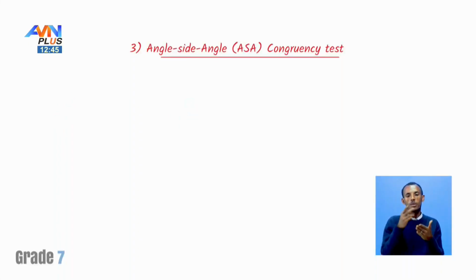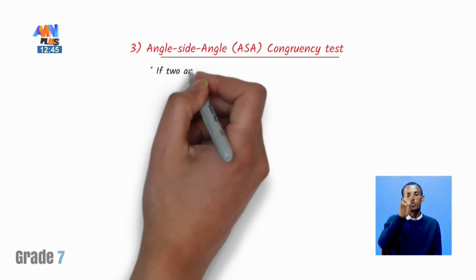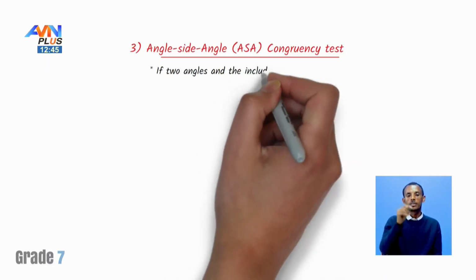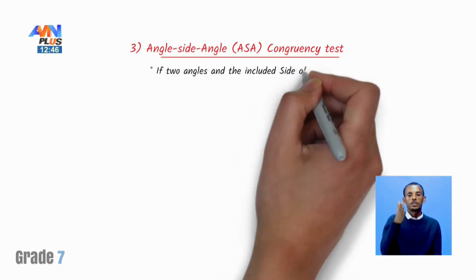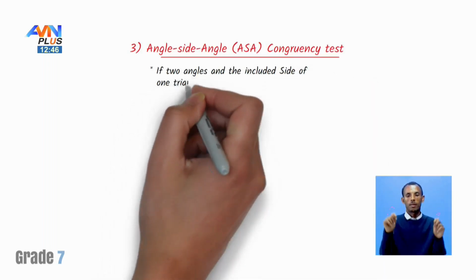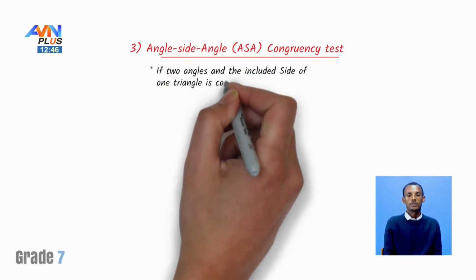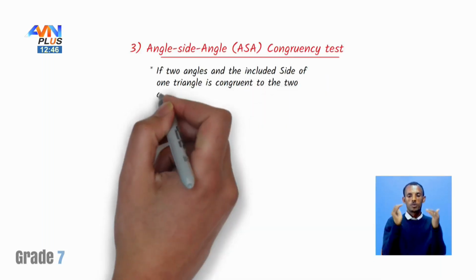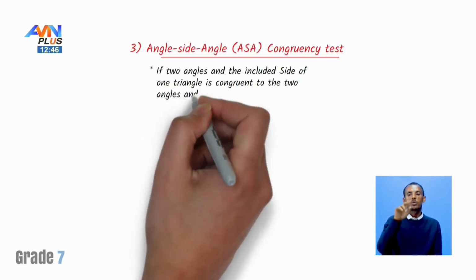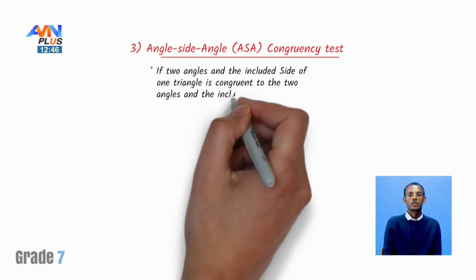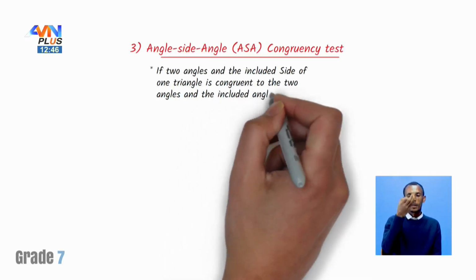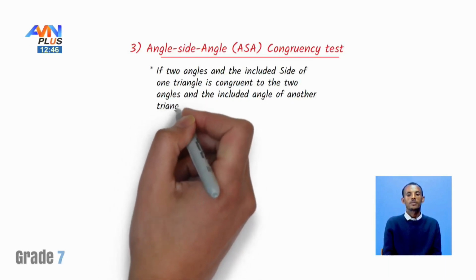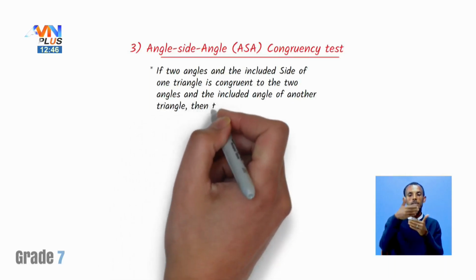Here it says if two angles and the included side of one triangle is congruent to the two angles and the included side of another triangle, then the two triangles are congruent.